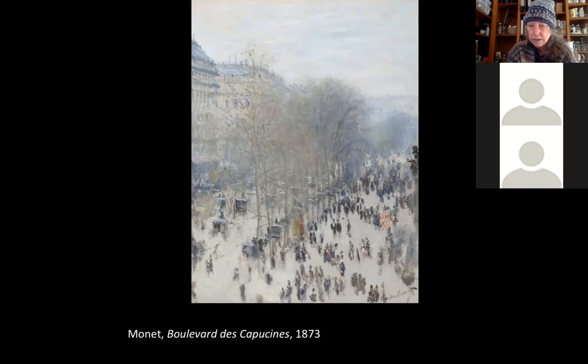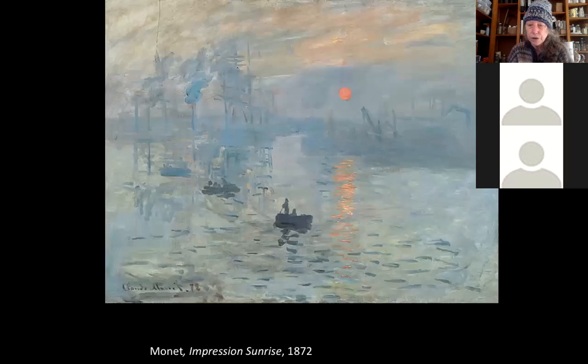This is just one of his paintings, the first Impressionist painting. And the Impressionists were not in the salons, the big exhibits of academic painting, because they didn't paint in that style. They mounted their own exhibitions, which was really unusual in the 19th century.